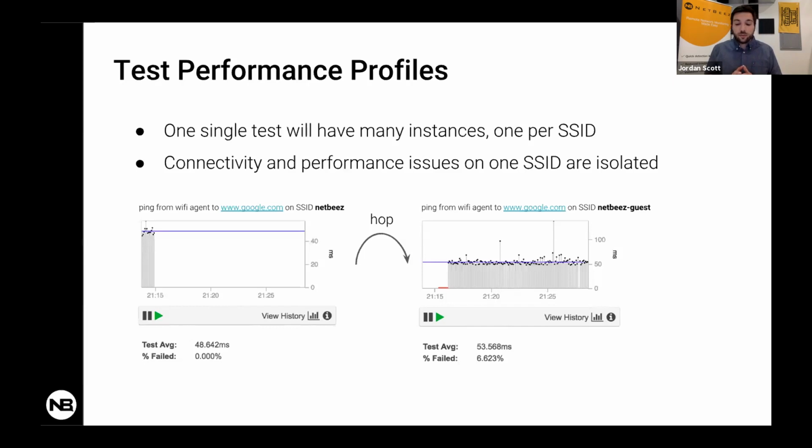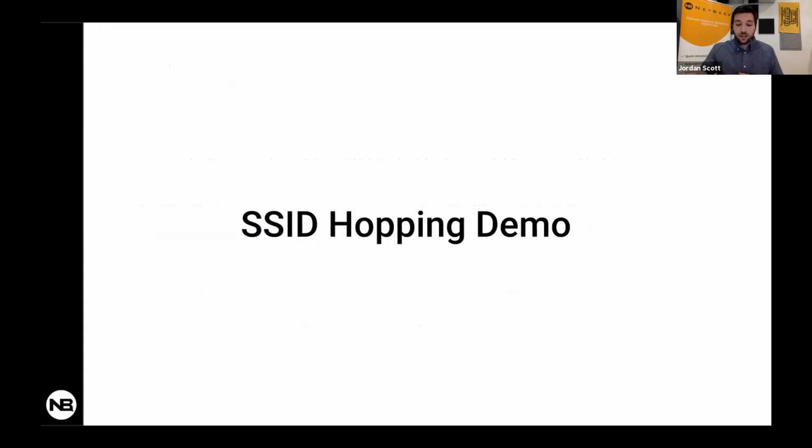So having one test profile for each SSID enables you to see which network is having issues and identify any performance issues that affect, maybe in this case, the users on the guest network, but not the employee one. In this case, NetBeez won't generate an alert for all the SSIDs included, just for that specific one. So now, with all this said, I will pass the control to Stefano, who will show you the specific use case and how SSID hopping works within NetBeez.